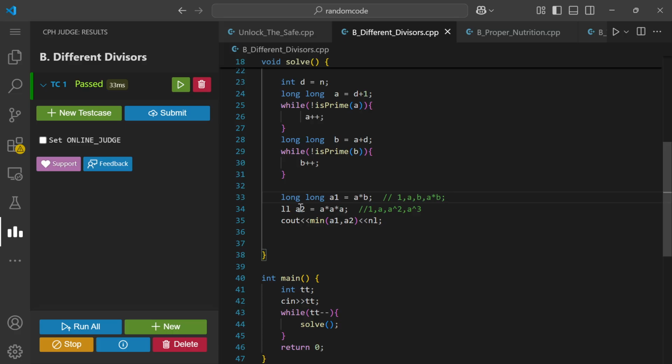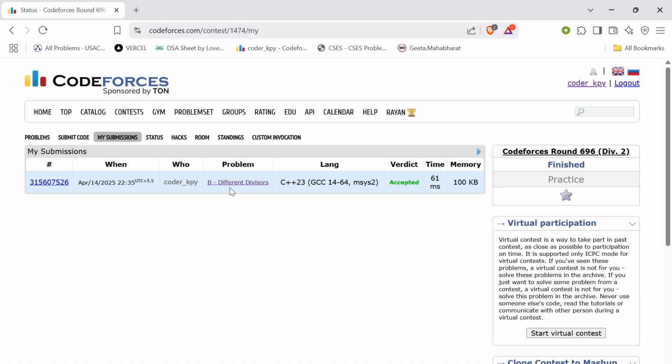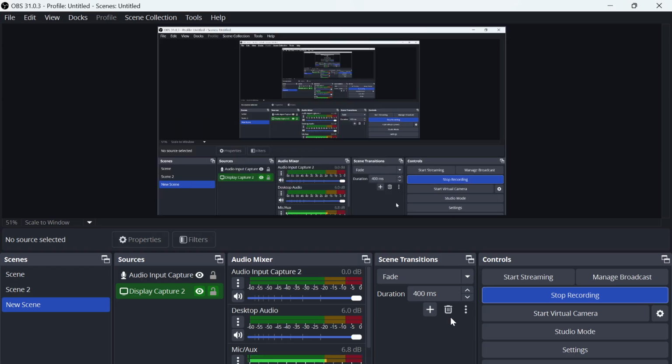So that is the calculation of this. Okay. After that, we will take the minimum of that. Now we run the code. You can see that all the test cases are passed, and you submit the code here. You can see that all the test cases have passed. So thank you. Enjoy the code.